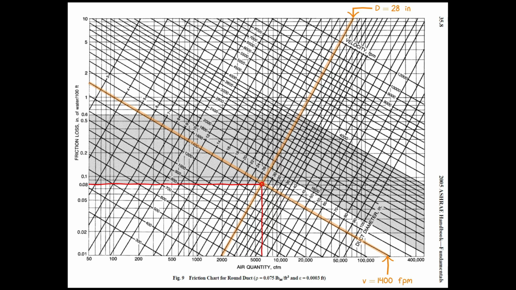And if you want to find the velocity, just draw a line with some angle, and from that you will get the velocity in the system will be 1400 feet per minute.